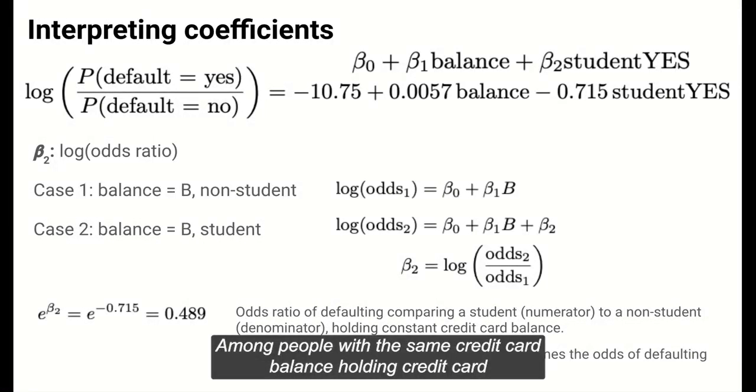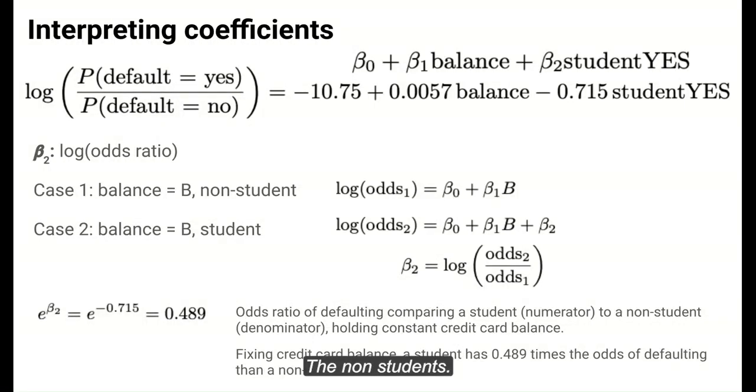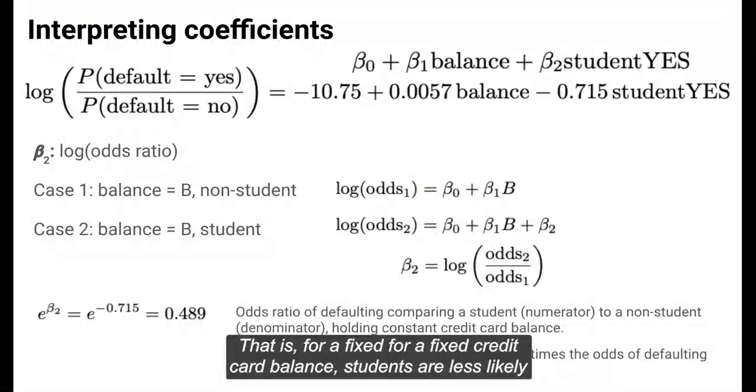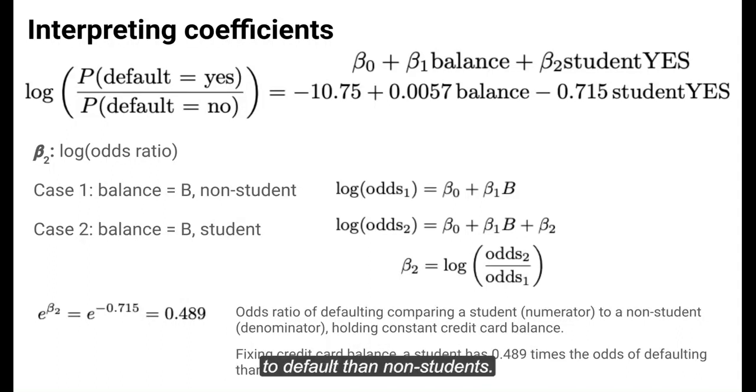Among people with the same credit card balance, holding credit card balance fixed, students have 0.489 times the odds of defaulting than non-students. That is, for a fixed credit card balance, students are less likely to default than non-students.